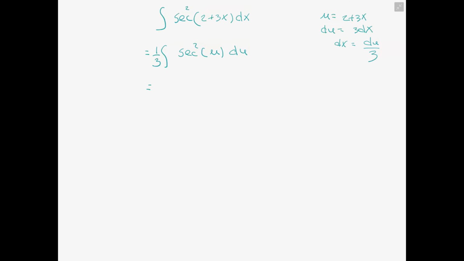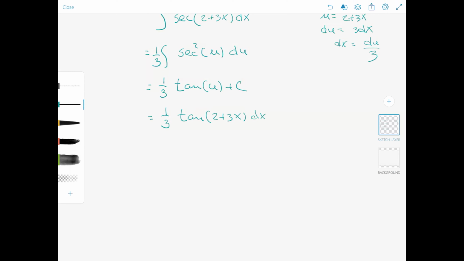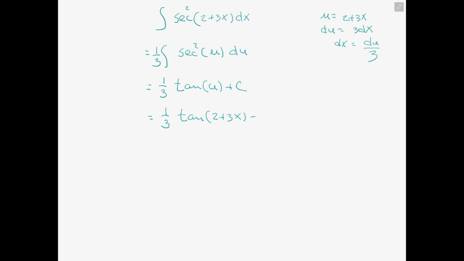And then we have secant squared u du and 1/3. And this, as we all know, is the tangent of u plus c, which is equal to 1/3 tangent of 2 plus 3x.